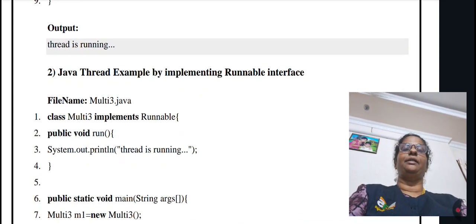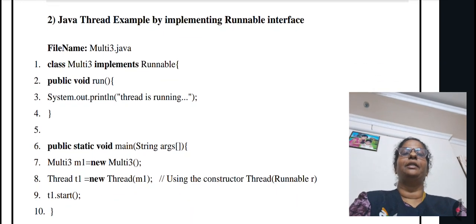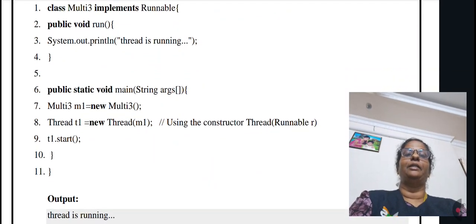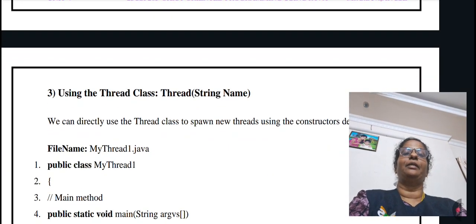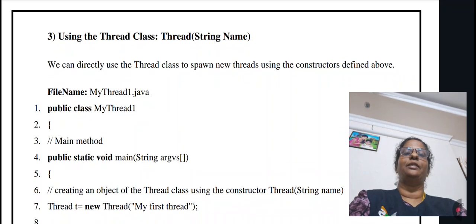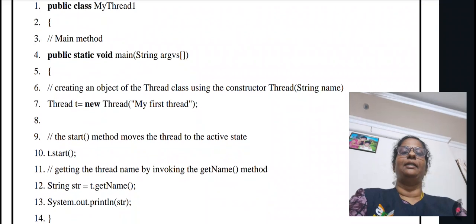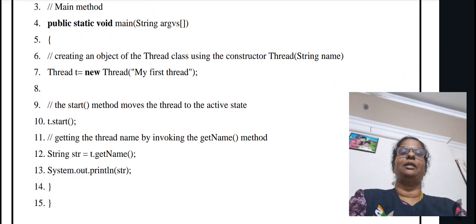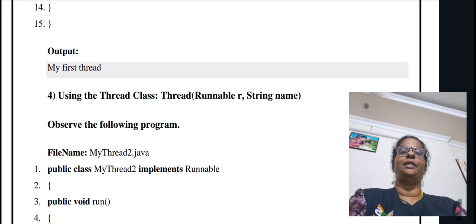In the Runnable interface example, we create a class implementing Runnable, print the string running, and then create a new object to access it. Likewise, with the Thread(String name) constructor, we use the String class to access the thread name, call the start function, and print the values using the thread's name.